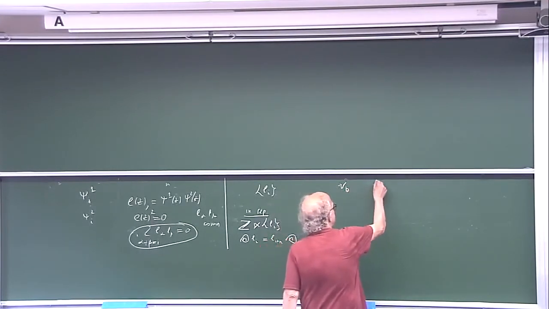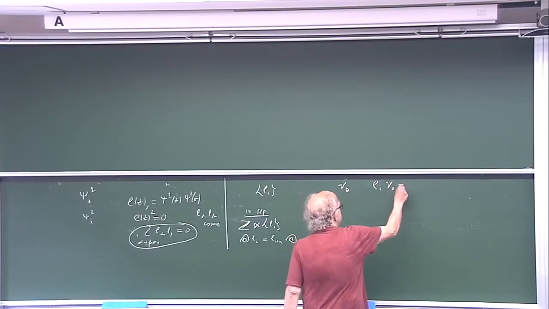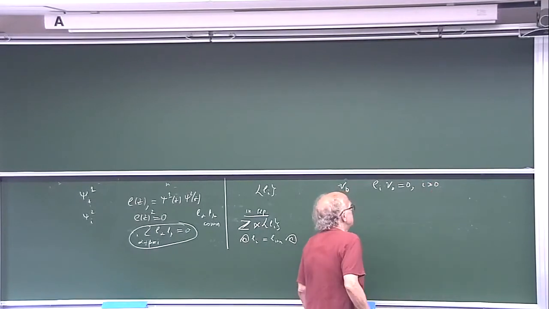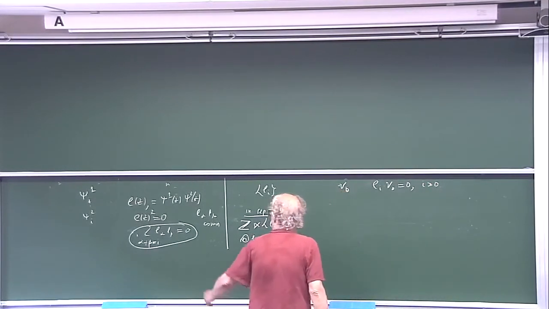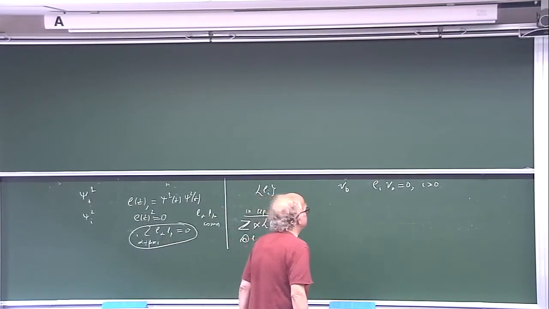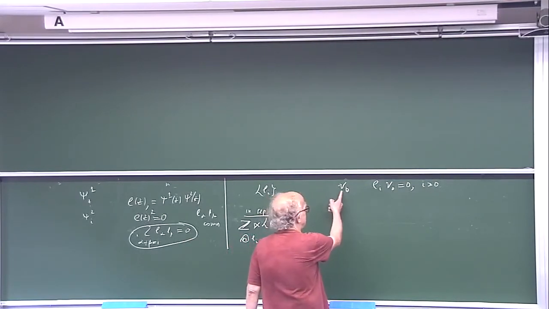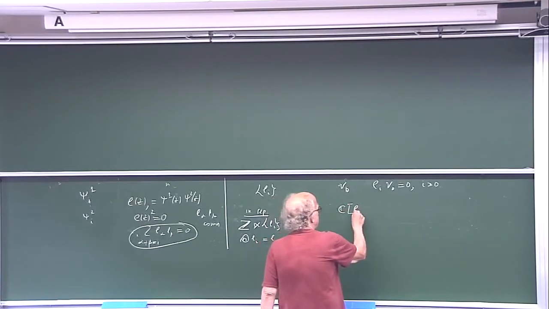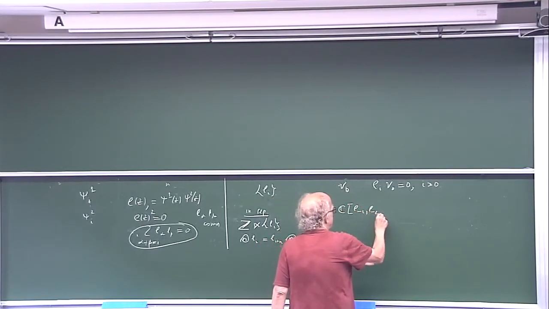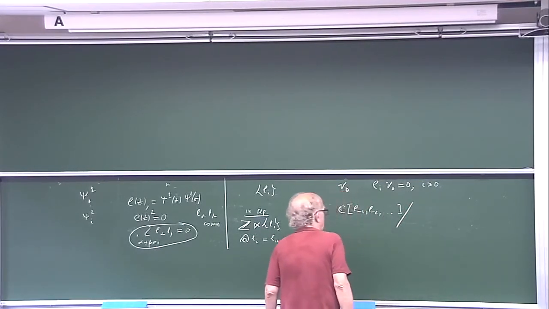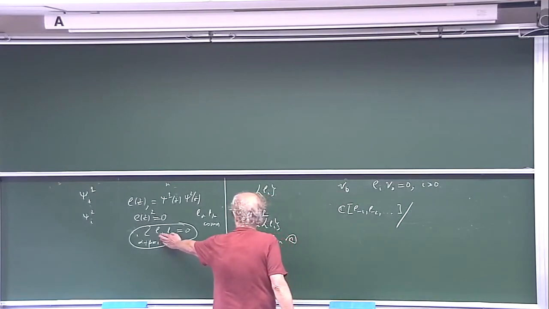I suppose that E_i v_0 is 0 if i is positive. And I also want such relations. If I know only this, then I act with E_i on this vector, and so I get E_{-1}, E_{-2}, and so on. I have to factor what follows from that.